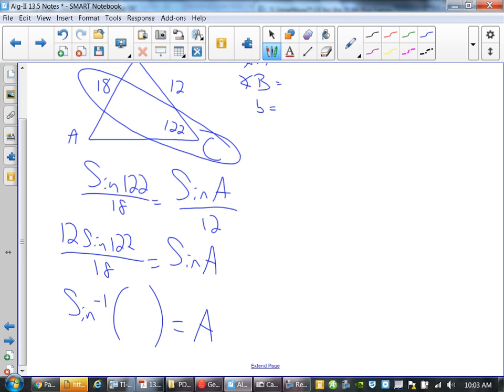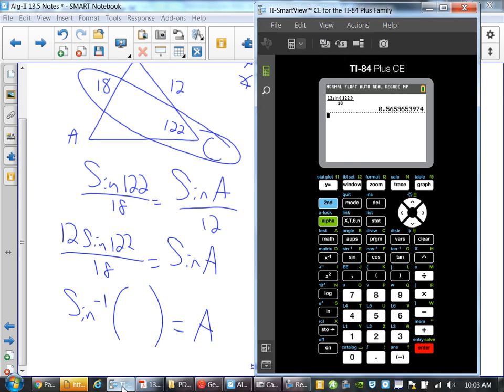So that's where our trig functions come in. Now in my calculator, since I've got this decimal stored right now, I'm going to hit second sine of my answer. Okay. And I'm getting 34.43.